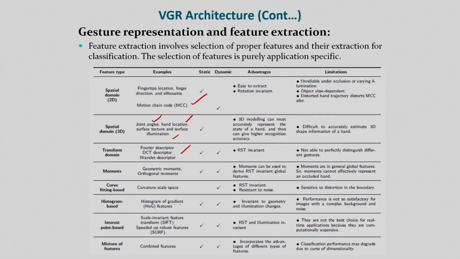And also the geometric moments, the 7 moment invariants. And like the histogram based HOG features, the SIFT features, the SURF features, or maybe combined features we can use. All these features have advantages and disadvantages. You can see the advantages and limitations of these features from the slide, or from my research paper.